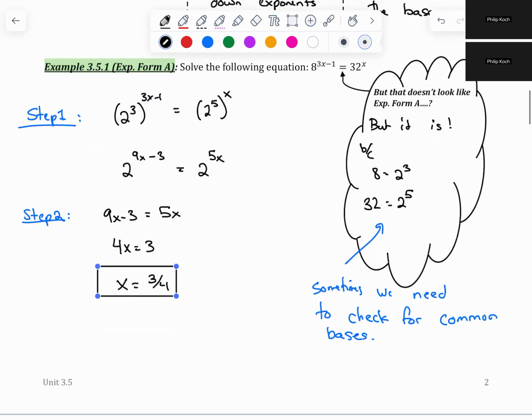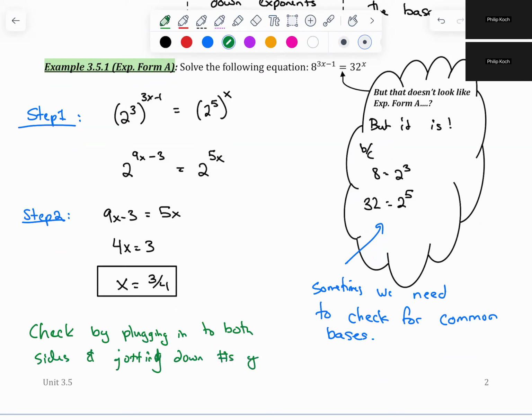So if I'm checking it, I plug into both sides and jot down the numbers you get. So what I mean by that.